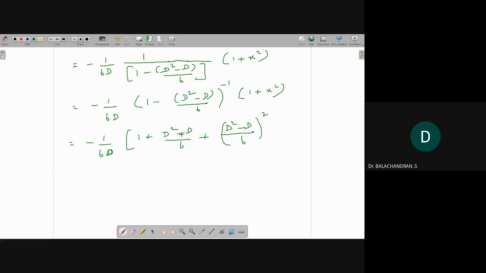The reason is here you have d, so that will not make an issue. Suppose if I write one more term, you will get a constant. If you get the extra term, that constant, I will add with the complementary function. So I will stop here.